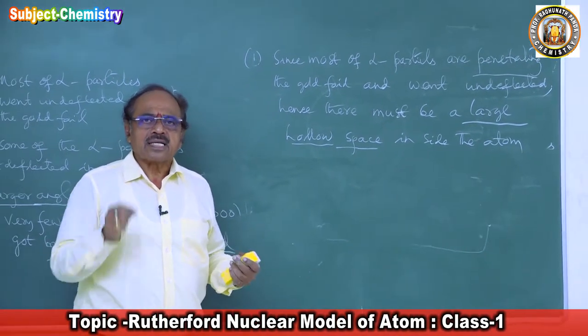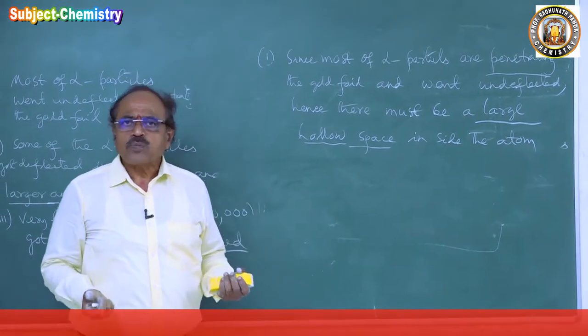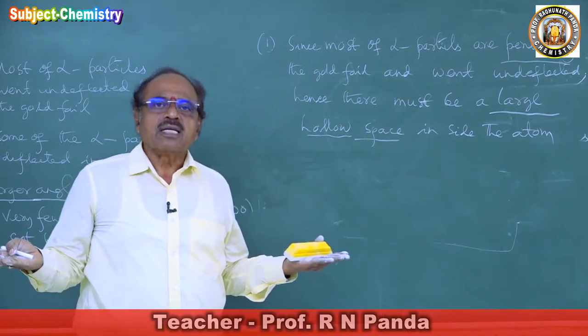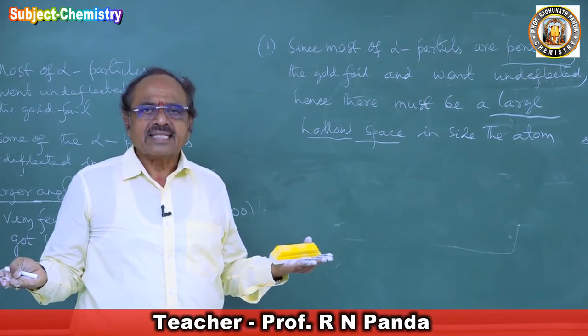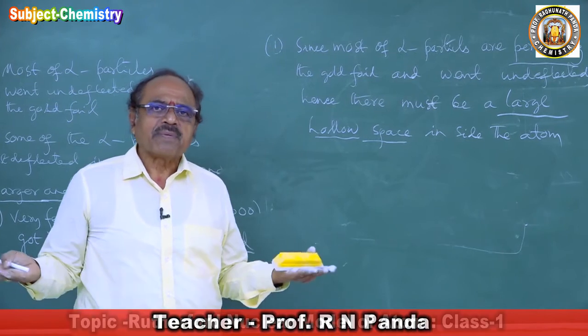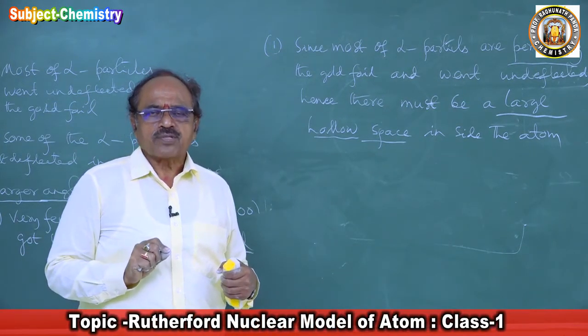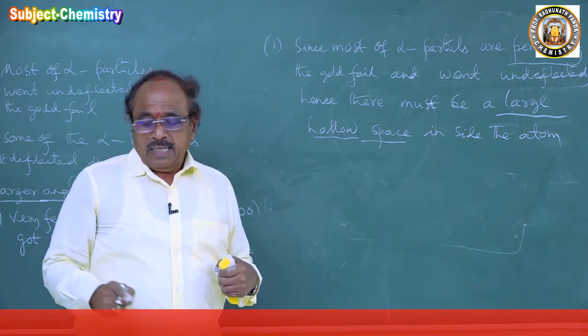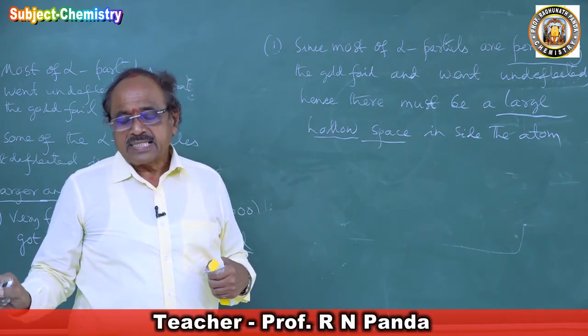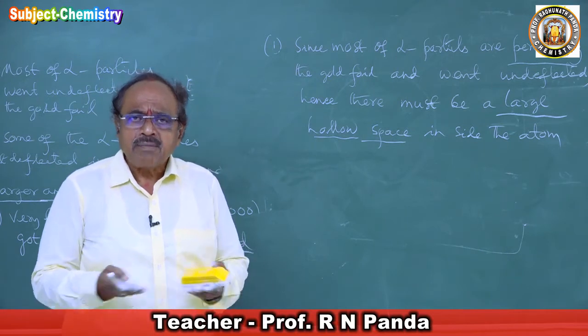Somebody may question, sir, there must be gaps between the atoms. No, there cannot be a gap, because if you take the X-ray of a metal, it comes out very plain, and there is no interatomic space. And to his satisfaction, he prepared a thin metallic gold foil.